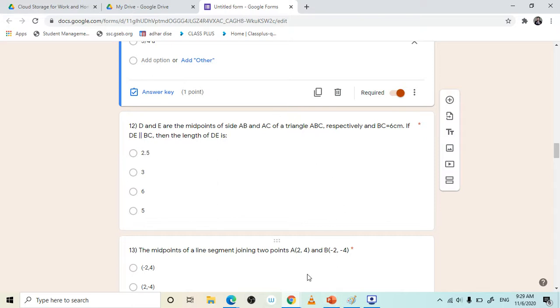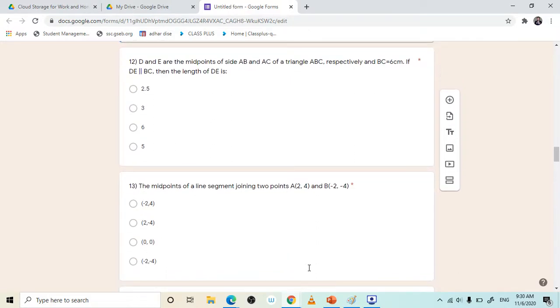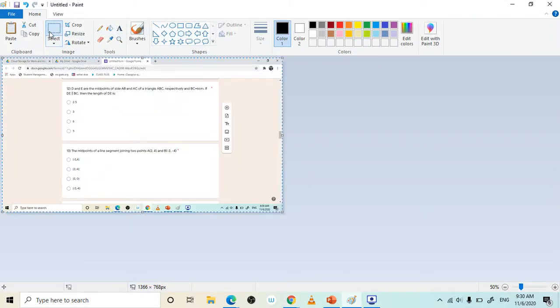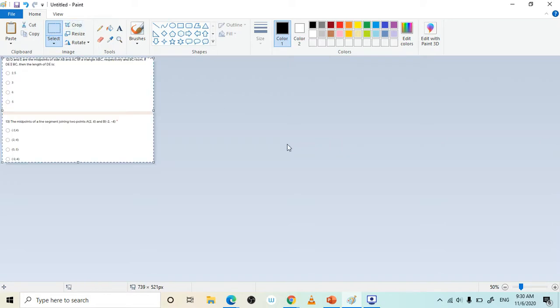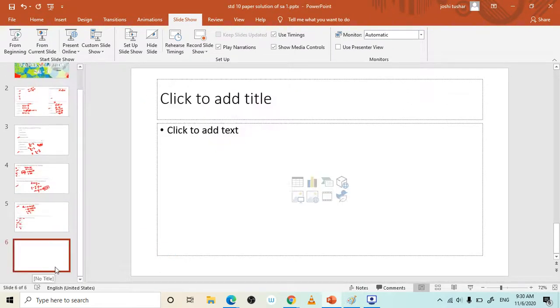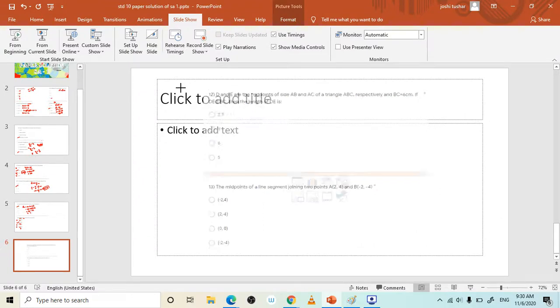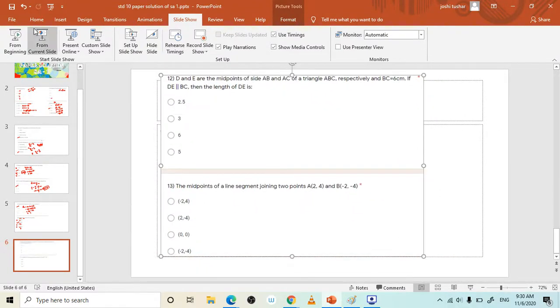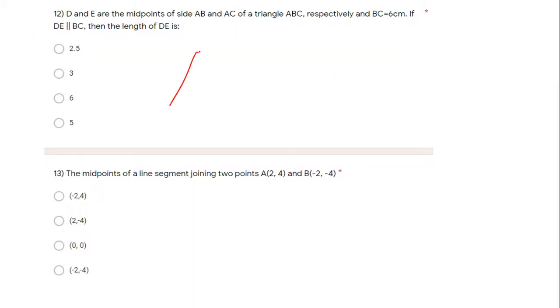So actually I should draw the figure. This is a very easy question, but these things can disturb you. Here you can see, this is the triangle A, B, and C. AB and AC are the sides, and D and E are respectively the midpoints.